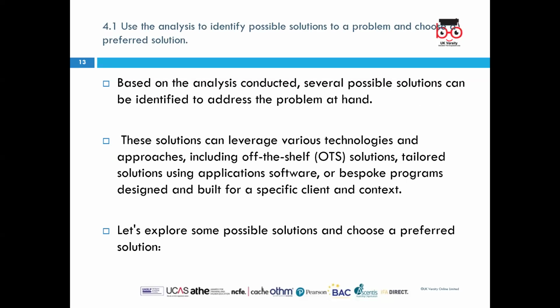So on our learning outcome 1, we're going to use the analysis to identify possible solutions to a problem and choose a preferred solution. So as we can see, based on the analysis conducted, several possible solutions can be identified to address the problem at hand.